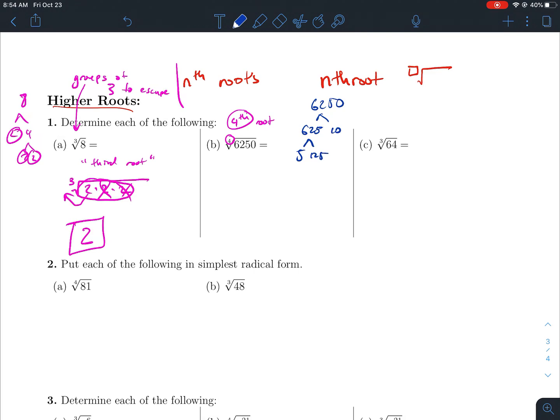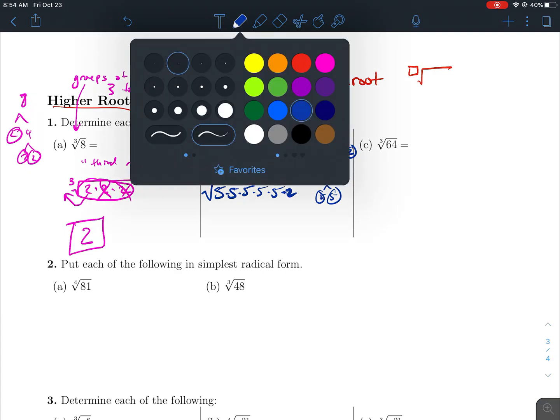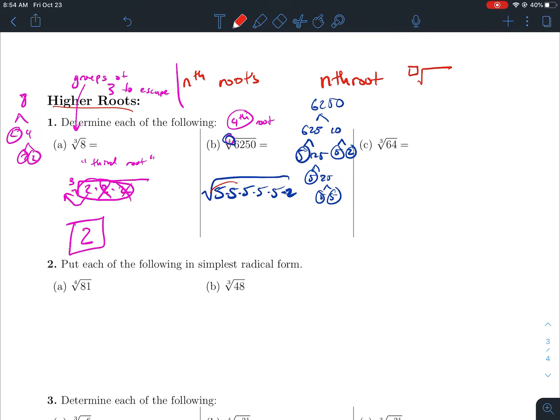This is 5 and 125, 5 and 25, 5 and 5, 5 and 2. And you can just use your calculator for all of those. So here we go. We've got 5 times 5 times 5 times 5 times 5, 5 5s, and a 2. And they're trying to escape in groups of 4 this time because we have a 4th root jail, so it's a really strong jail. I see 1 group of 4.